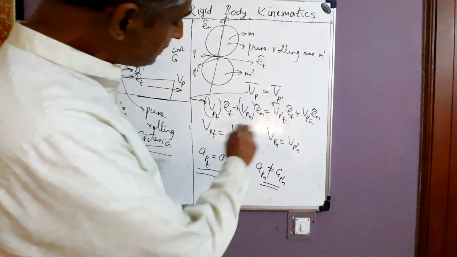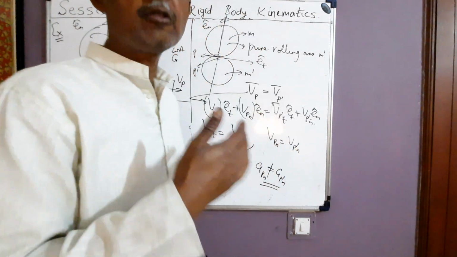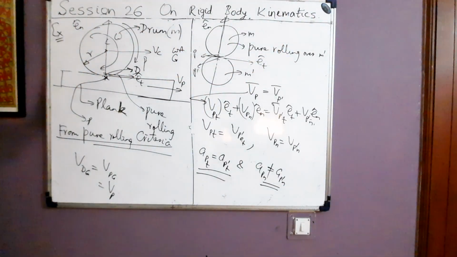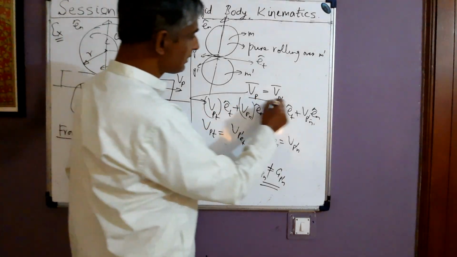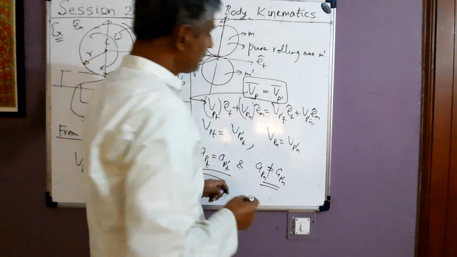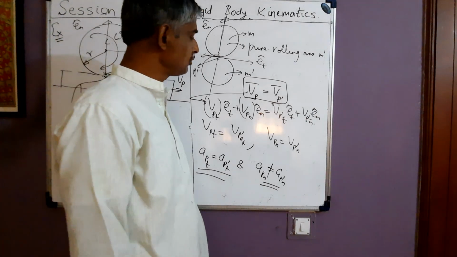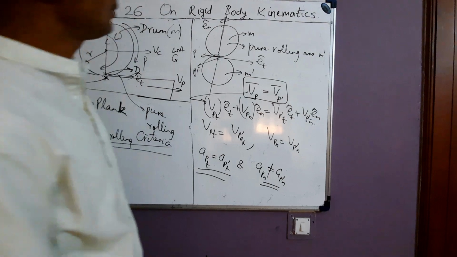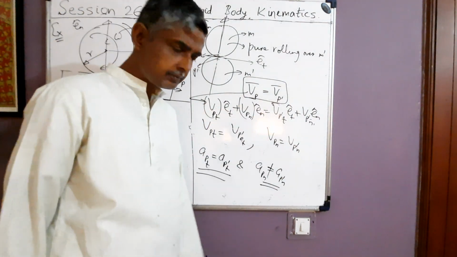So this is the similarity and the difference between velocity and acceleration in the perspective of pure rolling. I hope you understand this. How we have obtained this, I have already discussed in great detail in the chapter on rolling motion. You go to the previous videos, you will get it. I hope you understand this. Fine, all right.